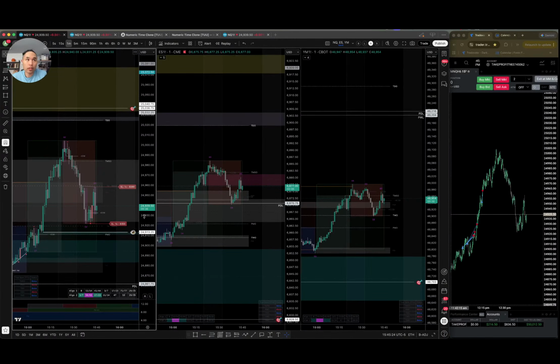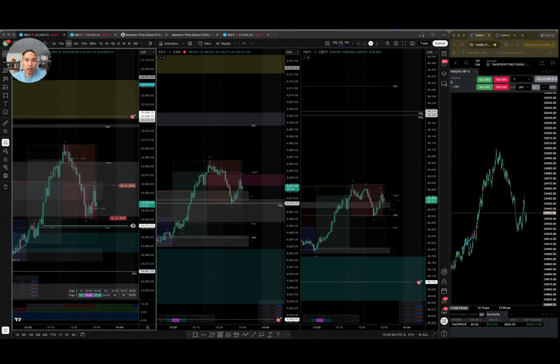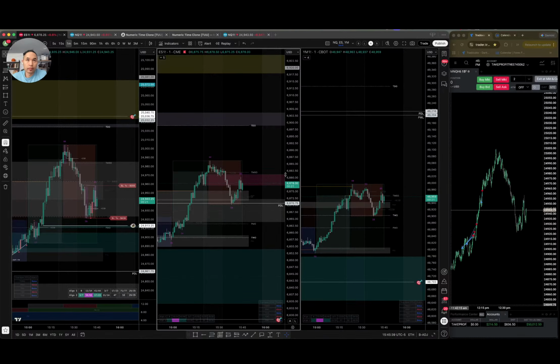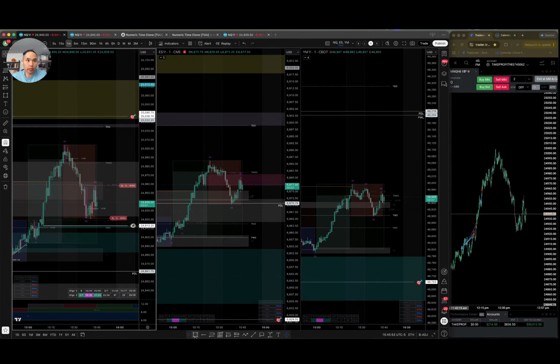There's that 45 candle. Very choppy. Still think we go lower if we can break this BISI here.